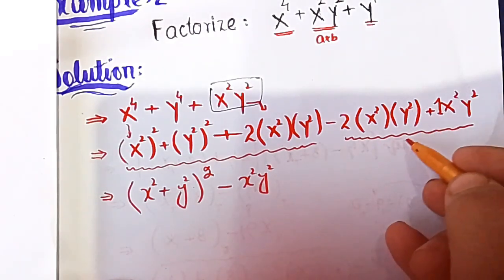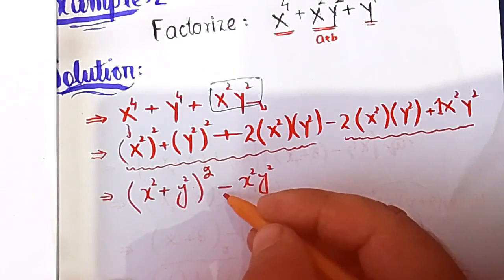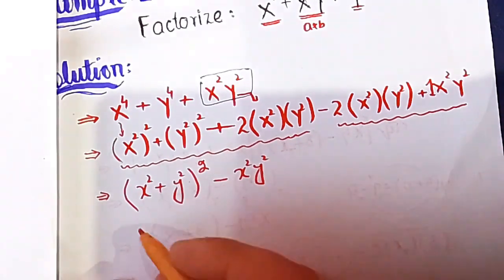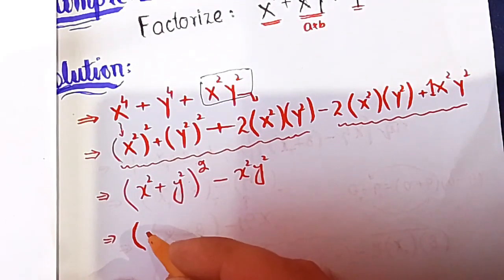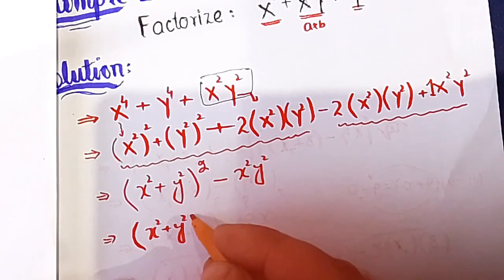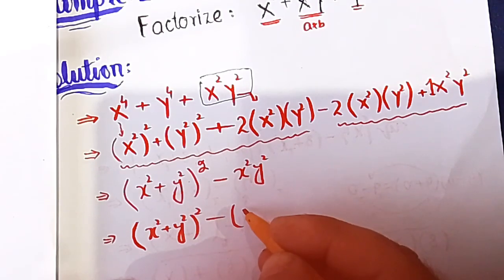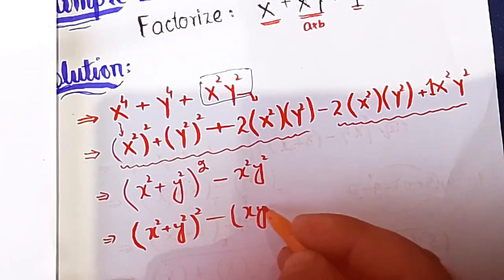After solving these two terms we have 1 x square y square and the sign will be minus. In the next step we write x square plus y square whole square minus, and this can be written as xy whole square.